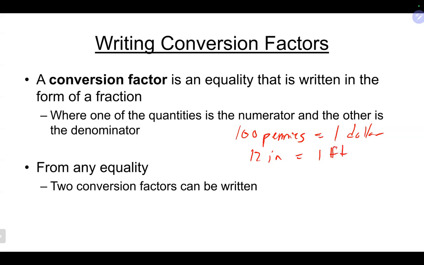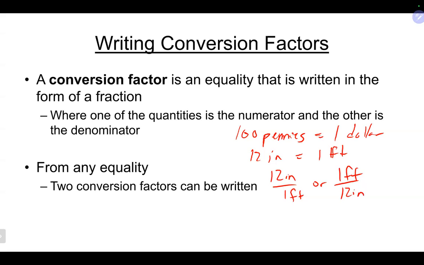These are what are known as equalities, and from any equality that you come across, you can write two conversion factors, which are just the fractions from these. So for example, here we could write 12 inches per 1 foot, or the other conversion factor would be 1 foot per 12 inches.